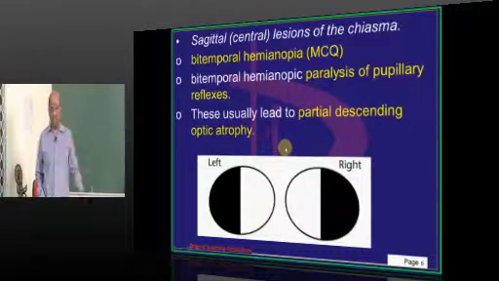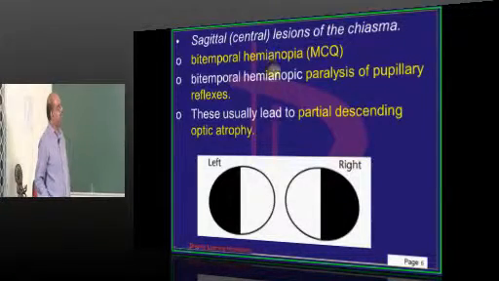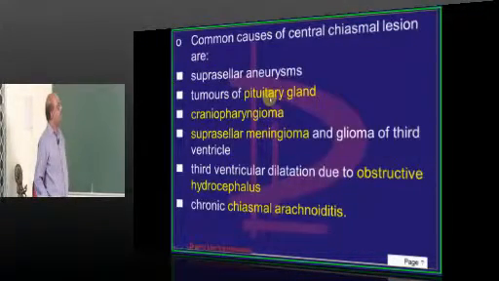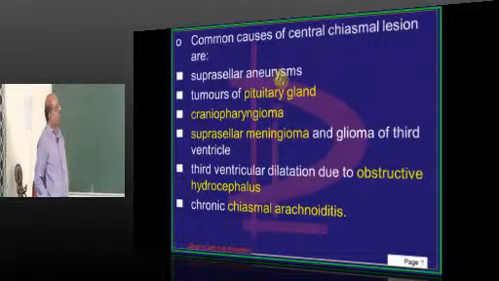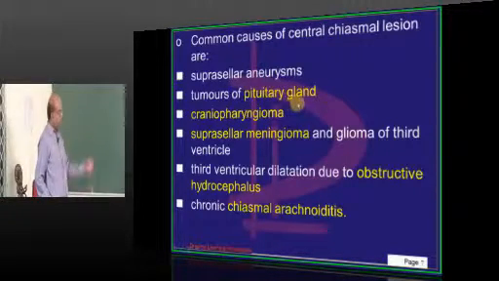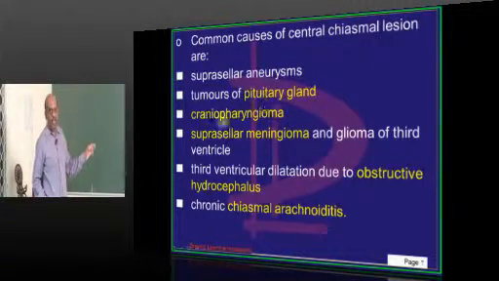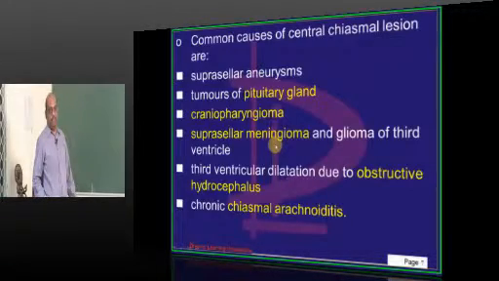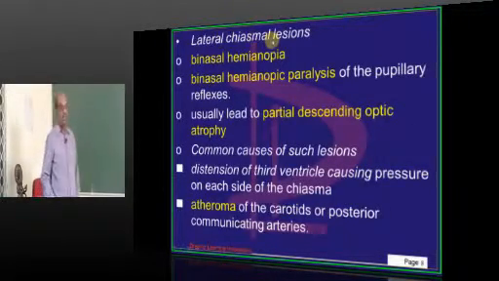So both the things typically happen in case of the central lesions. Now, what are the various causes for the central lesions? Any pituitary gland tumor, or a craniopharyngioma, or a suprasellar meningioma, any of them.